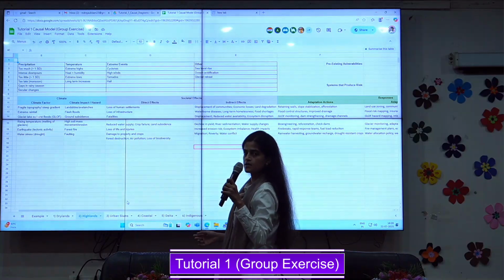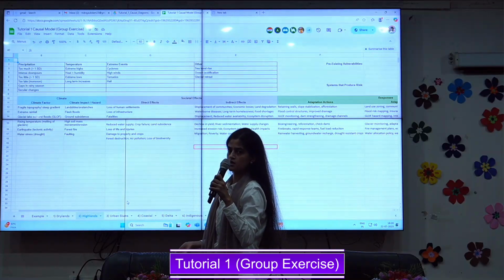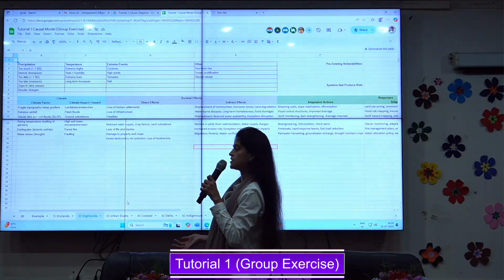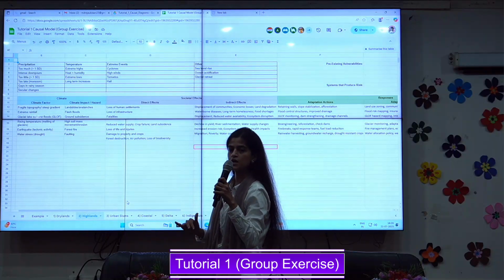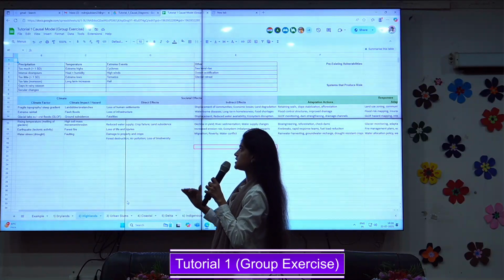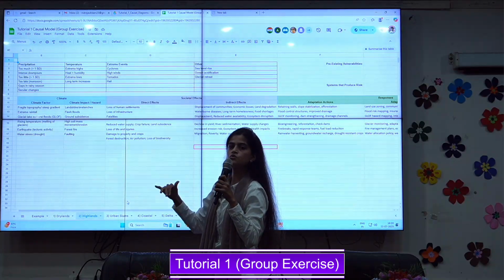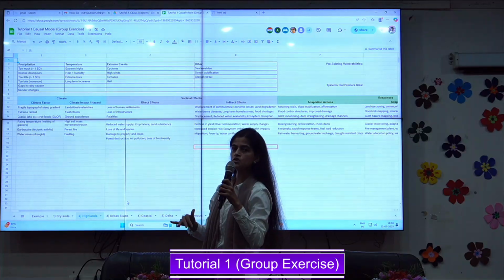In hilly areas, we have seen the orographic rainfall phenomenon. When there is extreme rainfall and a steep gradient, the rainfall flows downstream.